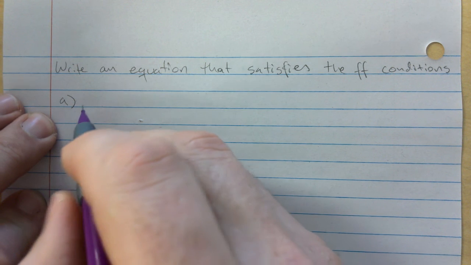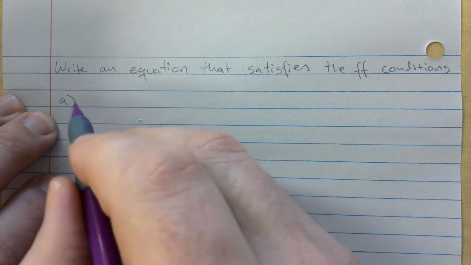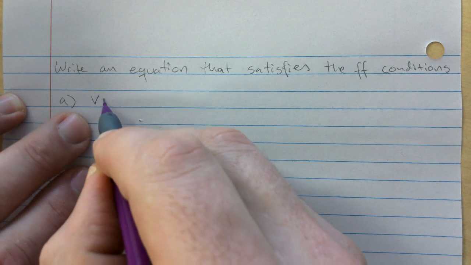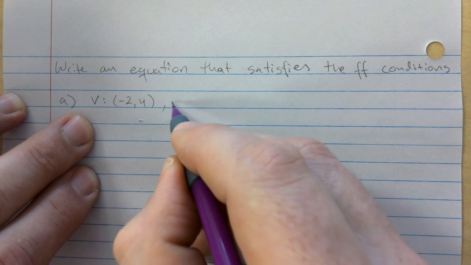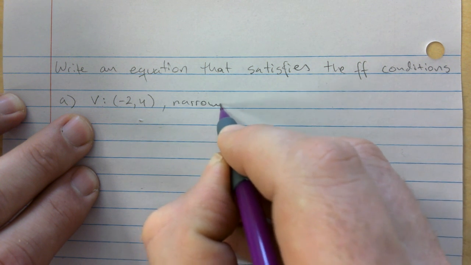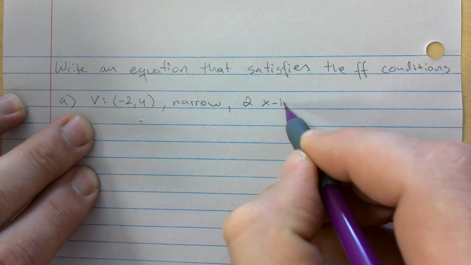A, you want an equation with a vertex of (-2, 4). You want it to be narrow, and you want it to have 2 x-intercepts.